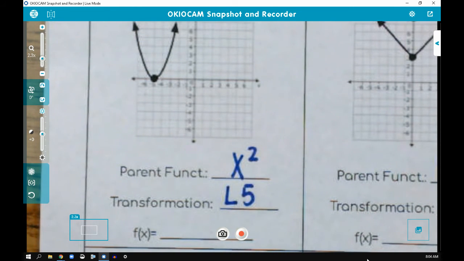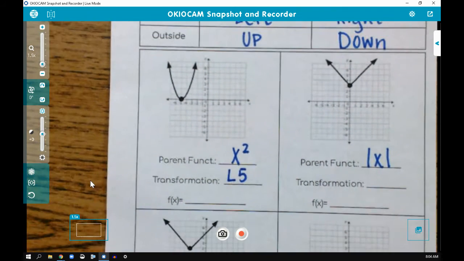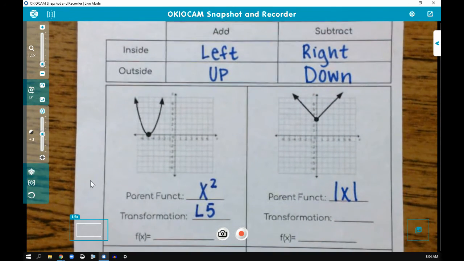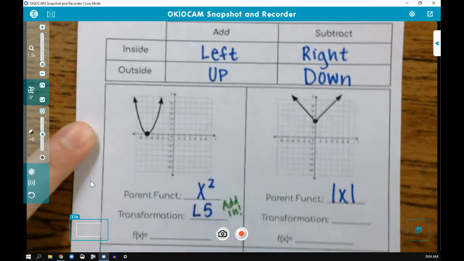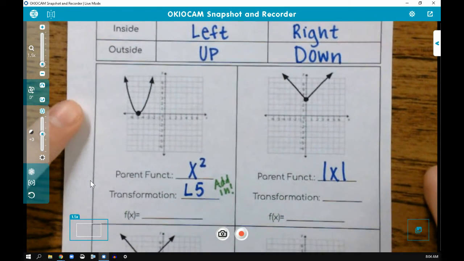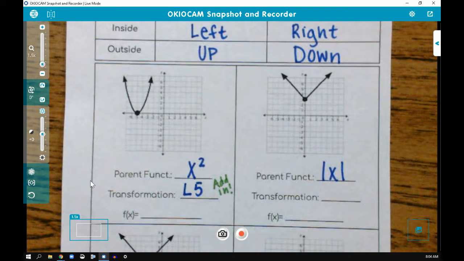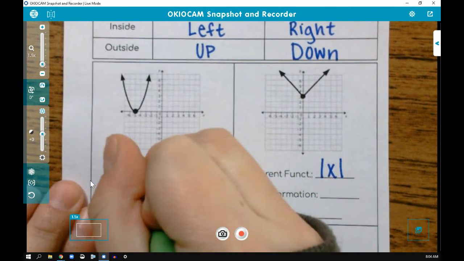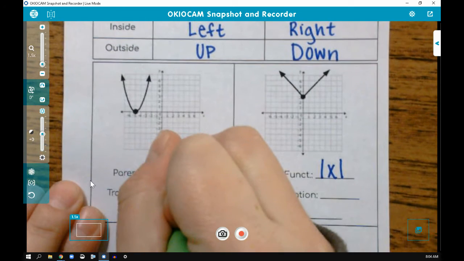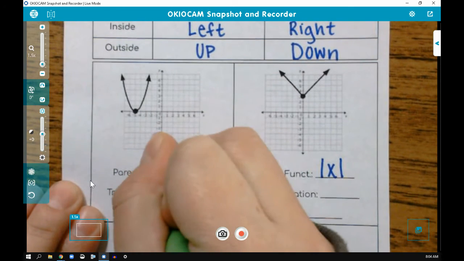Okay, then we have to go look at our table. And we have to say, okay, to go left, I want to add inside. So if you need to put a little note to yourself that says add in, you can. And I'm going to add 5 inside of my function. So I already have the f of x there. And how we add 5 inside is we've got to put those parentheses. So it's going to be x plus 5 inside parentheses, and then the squared goes outside.